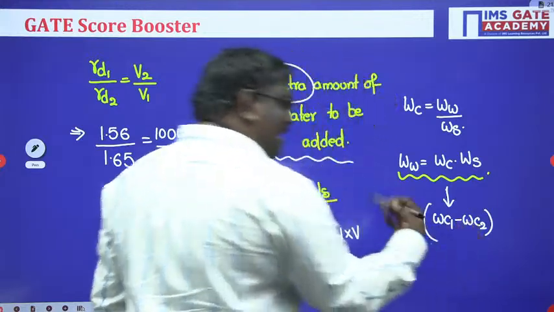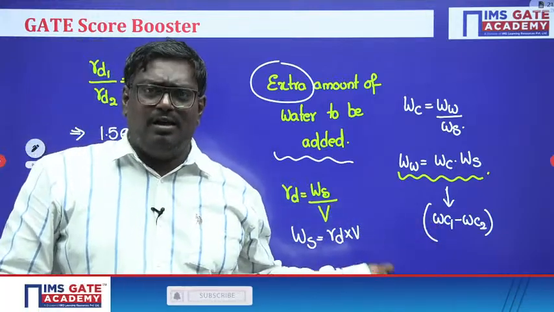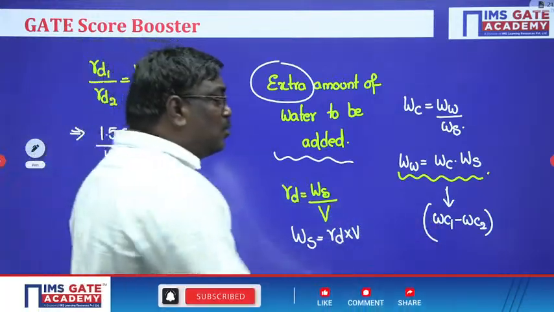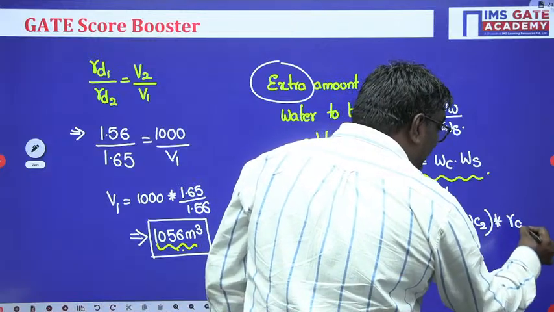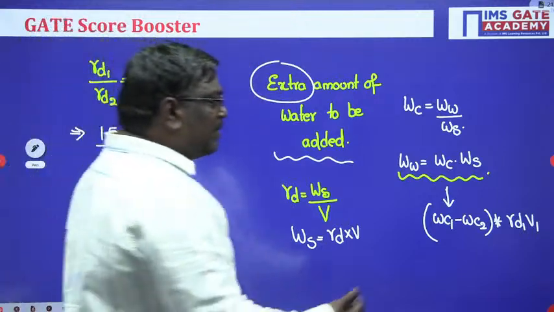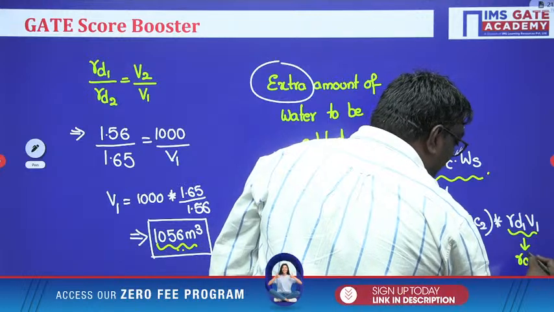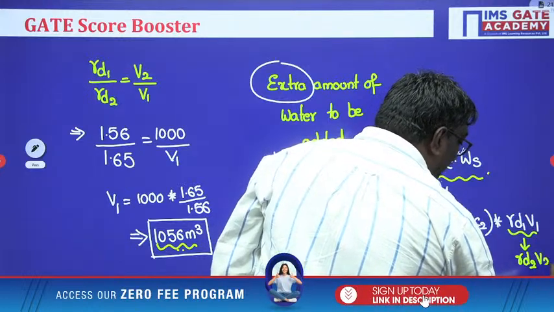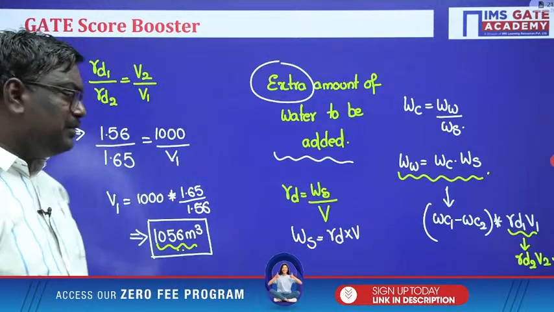Obviously whichever is higher will be on the left hand side, into weight of solids. It can be gamma D1 V1 or gamma D2 V2, because we know already in the relation that we have used that equation, my dear student.